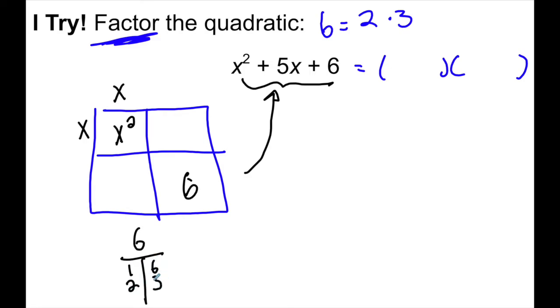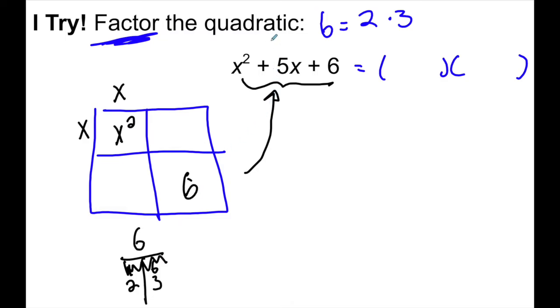And that's really the only combination, because 6 and 1 and 3 and 2 are the only other ways to do it. So let's say I try 1 and 6. If I try 1 and I try 6, I get x, I get 6x, so those add up to 7x, not what I'm looking for. Okay, so it's not that.